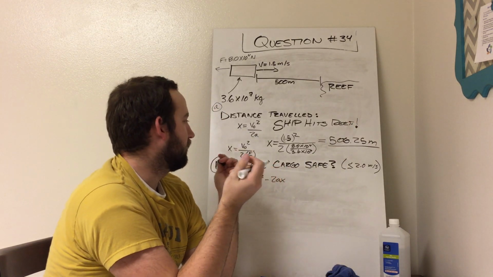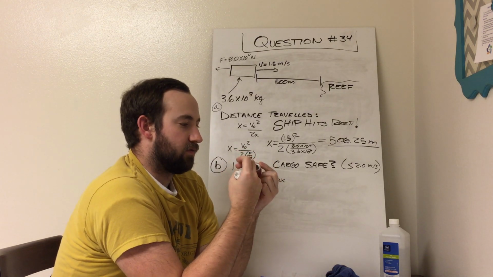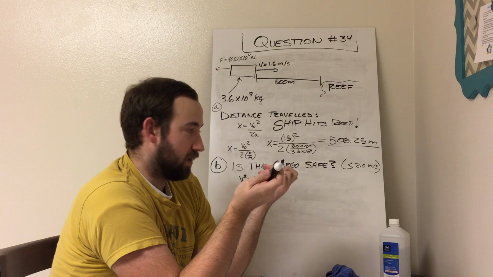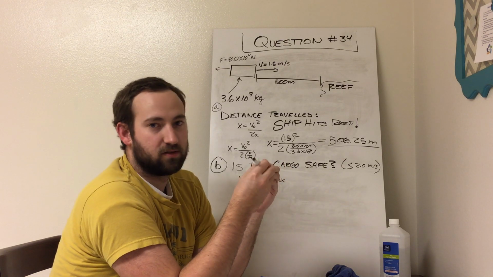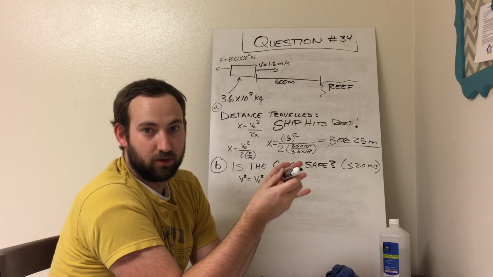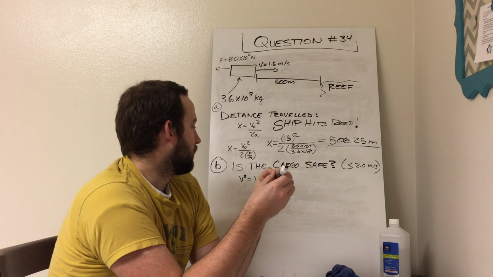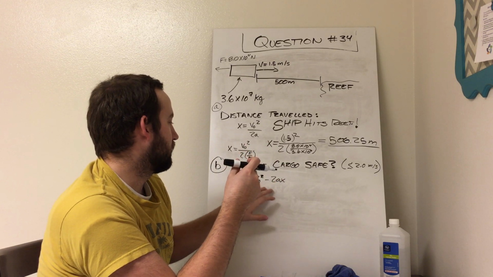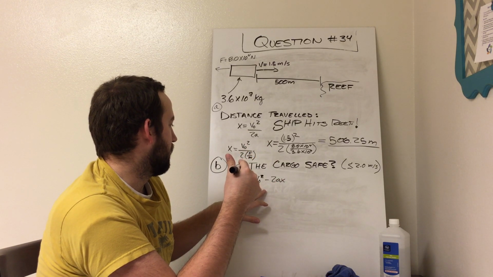Part B then asks, if the ship does hit the reef, is the cargo safe? And it says that it's safe if it hits with a velocity of less than 0.2 meters per second. So now we'll use another one of our equations.